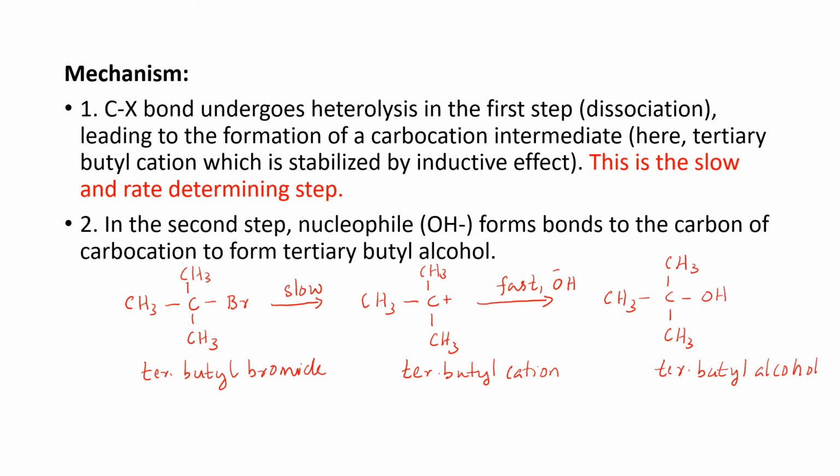So the first step, that is slow ionization of tertiary butyl bromide to form tertiary butyl cation, involves only the alkyl halide tertiary butyl bromide. So it is the slow and rate determining step. And here, as there is only tertiary butyl bromide involved, it is SN1.